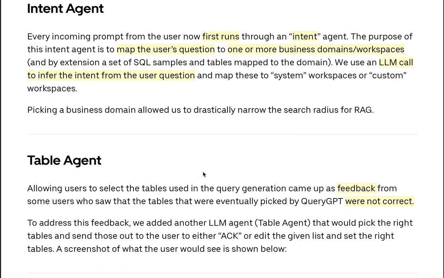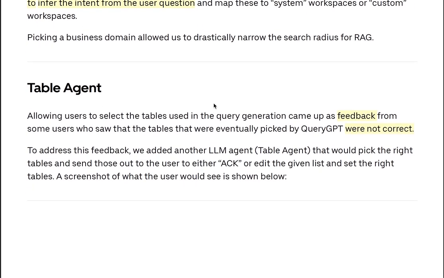Okay, so let's discuss the table agent now. As we discussed, the intent agent's role was to pick up the right intent workspaces, and when we pick up one or more workspaces, the mapped SQL tables and SQL samples obviously come into the picture. The table agent's role is to filter down those tables and get the right set of tables.